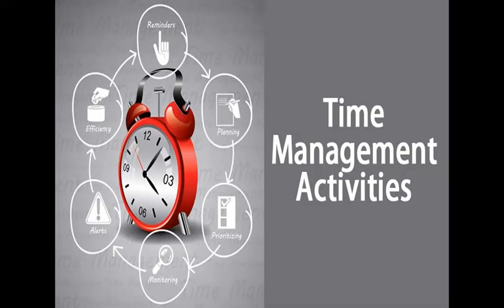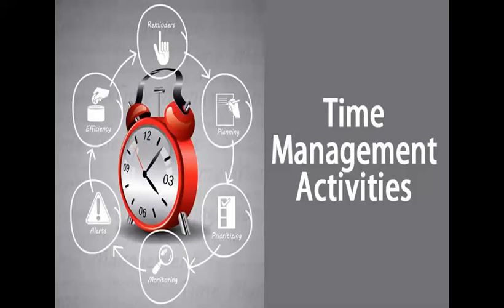Okay. Then you can set alerts. Yes. Then your time management also depends upon your efficiency, how efficient you are. Understood? And moreover, last but not the least, you can plan things, which is very important, and set reminders.